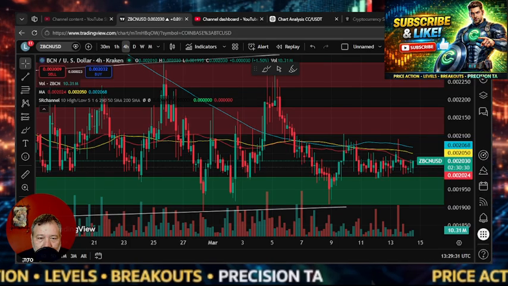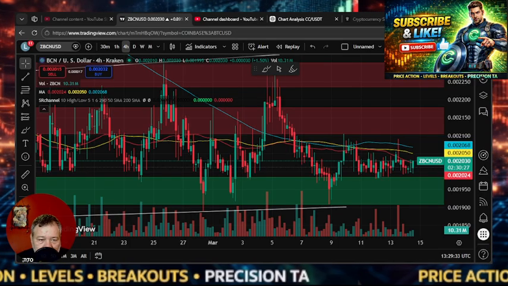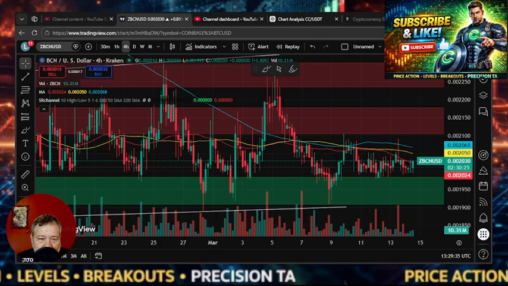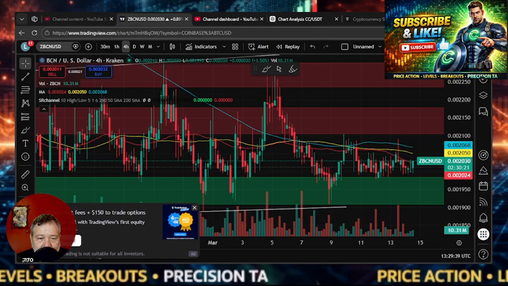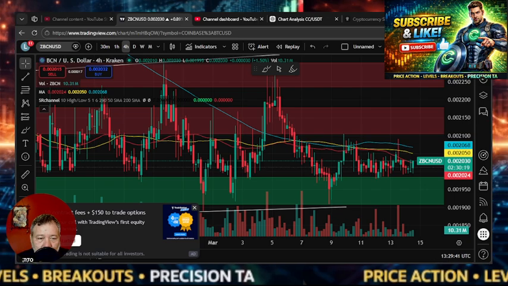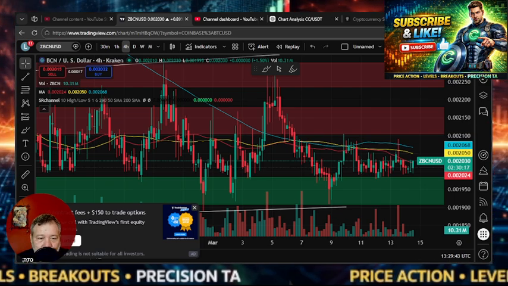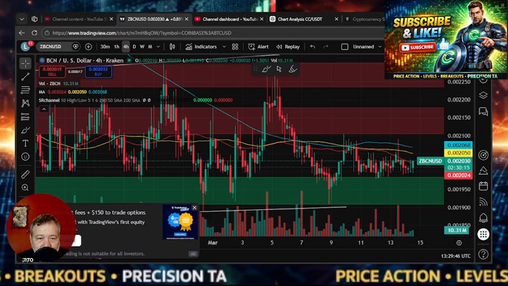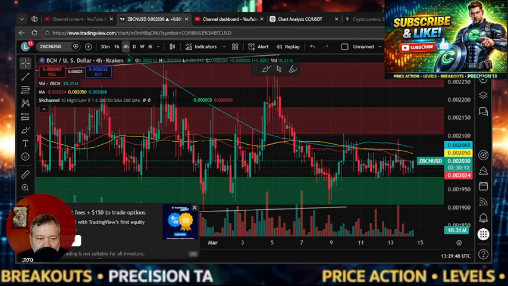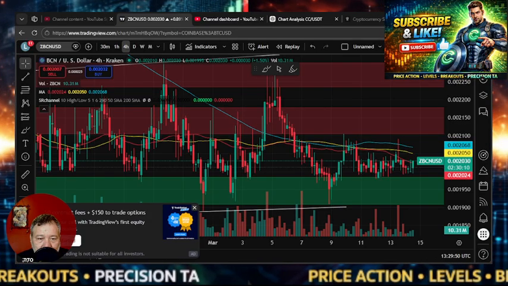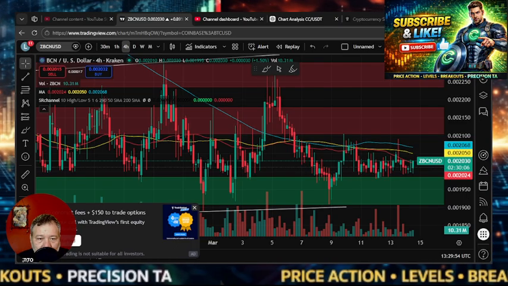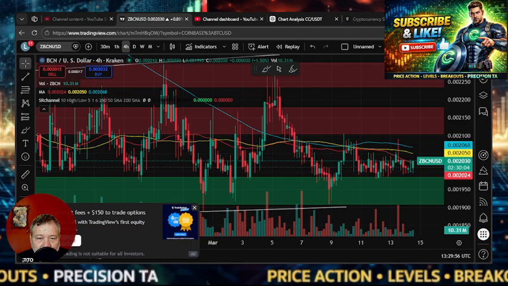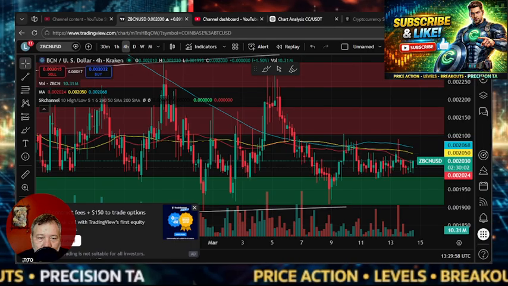So now we're going to cover some key resistance levels. Now let's talk about the resistance levels that bulls must break. The first major resistance level sits around 0.00210. This area has rejected price multiple times already. It also lines up with the moving averages on the chart. When price trades below those averages, the market is still technically bearish or neutral.